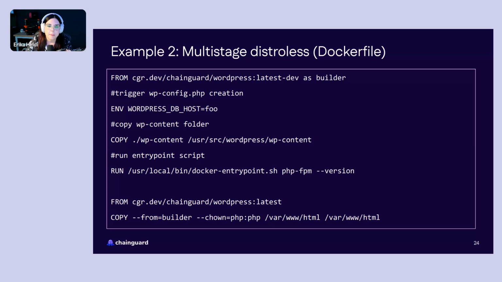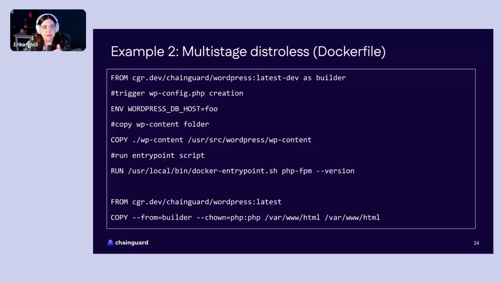First we create an environment based on the latest dev image, call it builder, and then we set a single environment variable just to trigger the creation of the wp-config.php file.